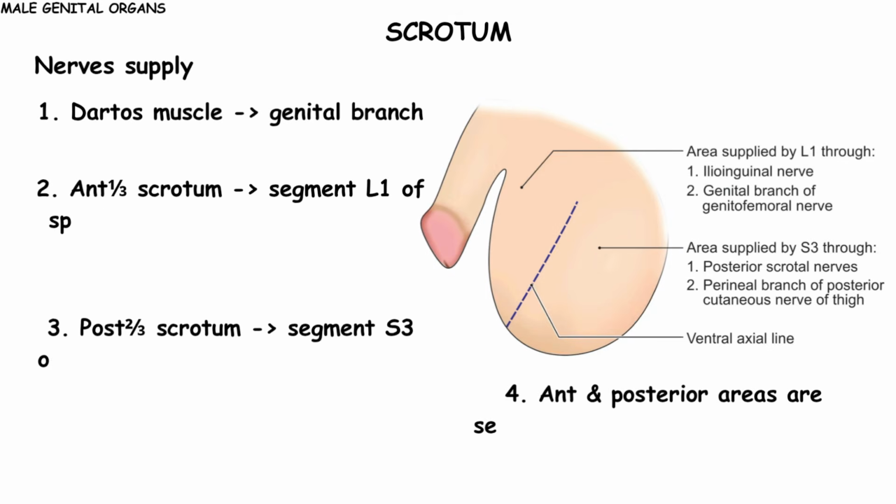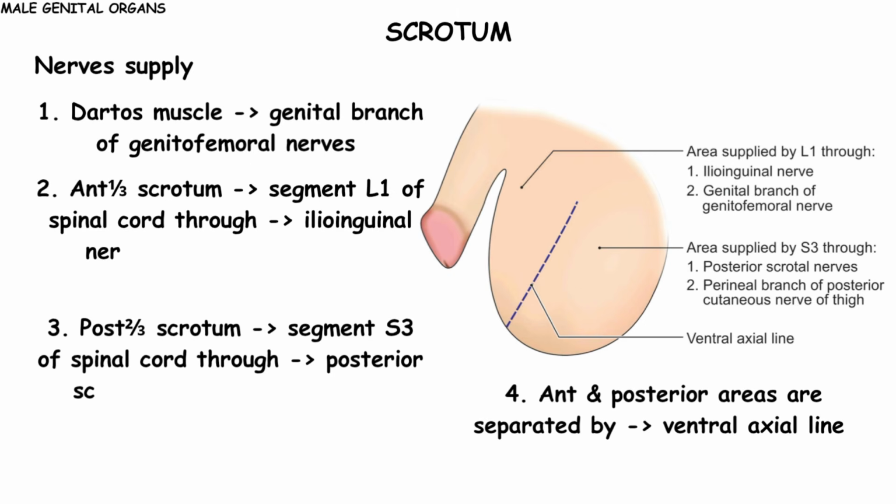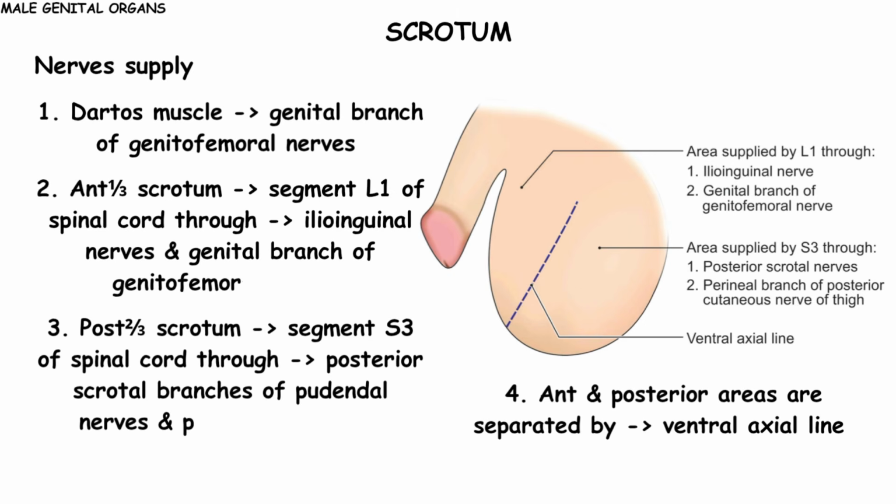The first one is the dartos muscle, which is supplied by the genital branch of the genitofemoral nerve. The scrotum is divided into anterior and posterior parts.